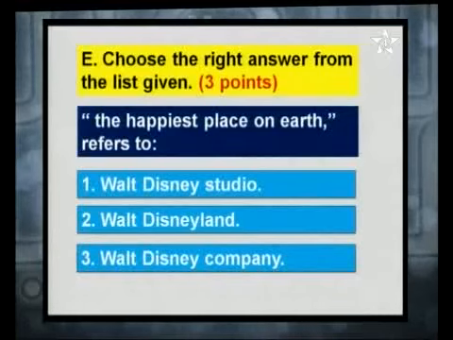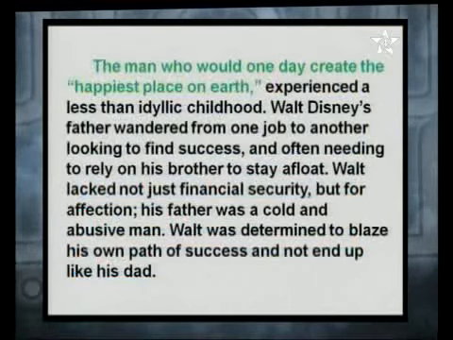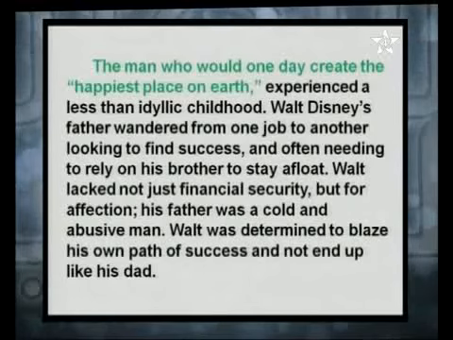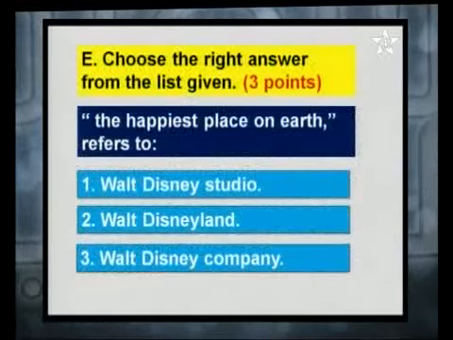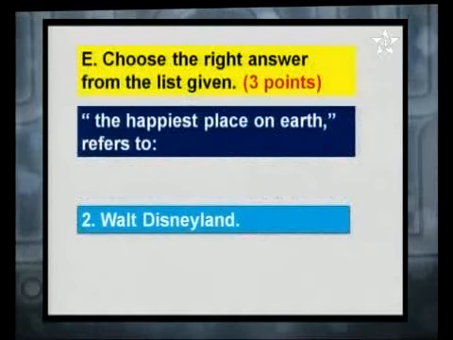As I told you earlier, sometimes you need to use your own life, your imagination to find the answer. It's in the first sentence of the first paragraph. The man who would one day create the happiest place on earth. So what does that place mean? Good. Yes, it means Walt Disneyland. Okay, so the happiest place on earth in this text refers to Walt Disneyland.